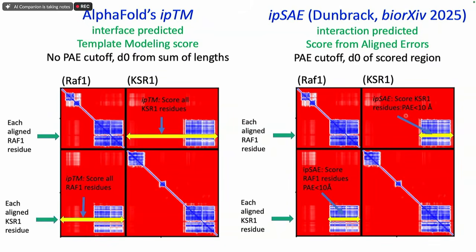And so now I get a score, like 0.7 or 0.8, because now I'm only evaluating this function over the part that AlphaFold is certain about. And I use a fairly generous cutoff of 10 angstroms that says, as long as the aligned error is within 10 angstroms, I'm going to evaluate the function there. The same thing down here, if I align on KSR1, I evaluate all of RAF1, I get a good score.